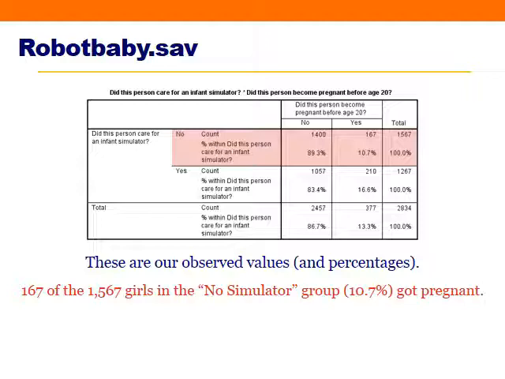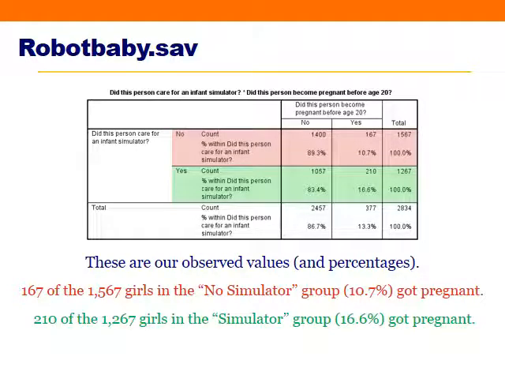Of those girls, 167 did become pregnant, and 1,400 did not become pregnant. Below those numbers, we have the percentages. If we were to divide 167 by 1,567, we would see that 10.7% of the girls who did not take care of a simulator did become pregnant before their 20th birthday.